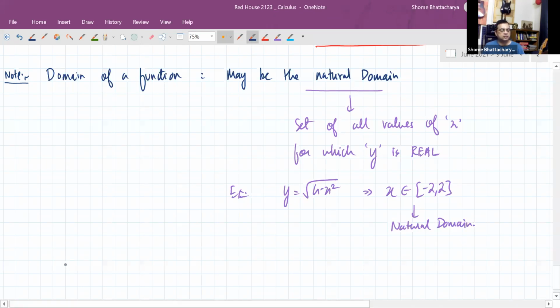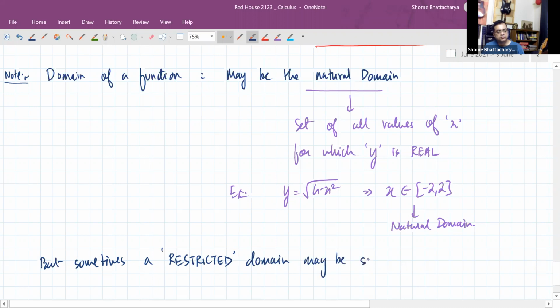But sometimes a restricted domain might be specified. Typically that happens in an application type of question.